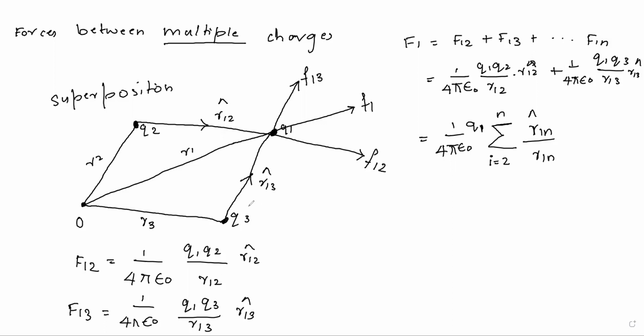I forgot to write the square over here, as in Coulomb's law. This is square, and this is going to be the square. Okay, got it? This is the expression. This is nothing but the force between multiple charges, or the expression for the superposition principle.